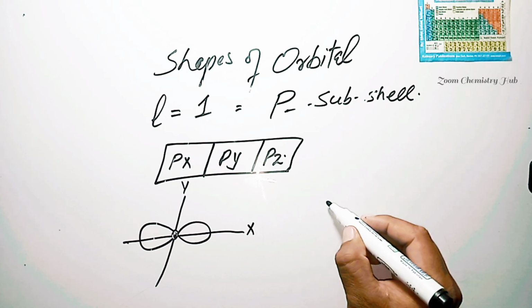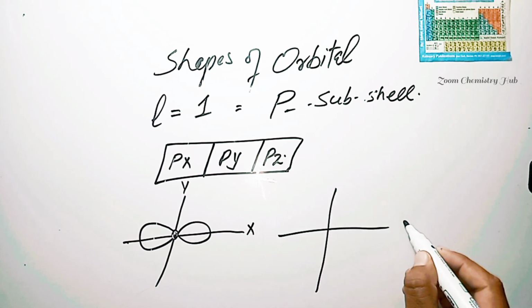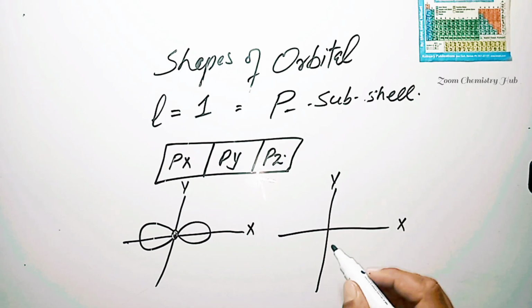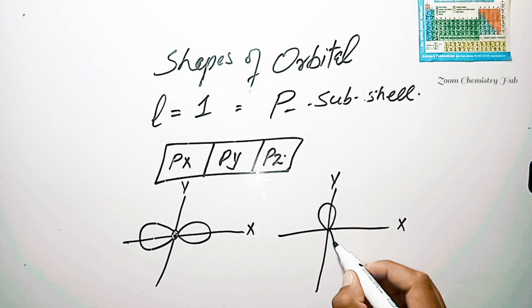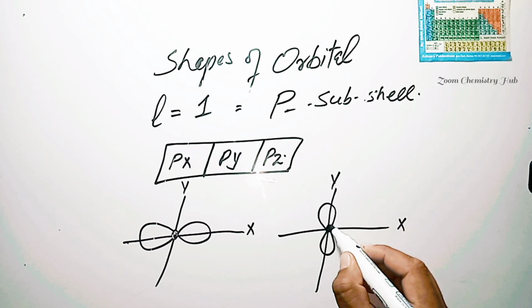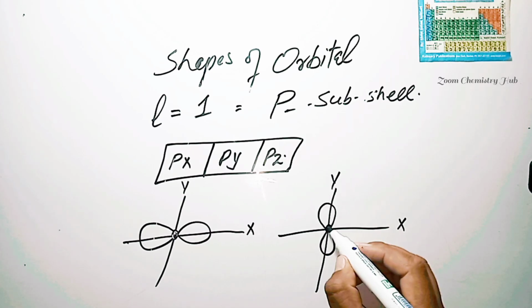Similarly, py has 2 lobes on the y-axis, and in the middle is the nucleus of that atom.